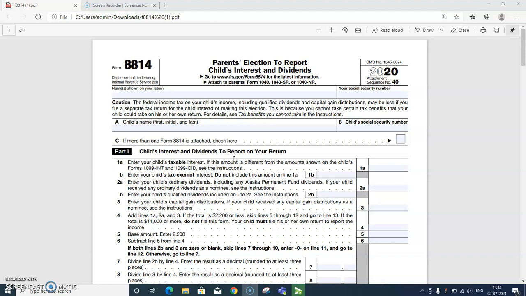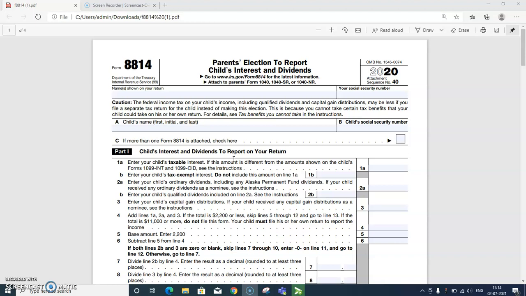Now coming to the next point, limitation on tax benefits. If you elect to report your child's income on your return, you cannot take certain deductions that your child could take on his or her own return, such as the additional standard deduction of $1,650 if the child is blind, penalty on early withdrawal of the child's savings, and itemized deductions such as the child's charitable contribution.